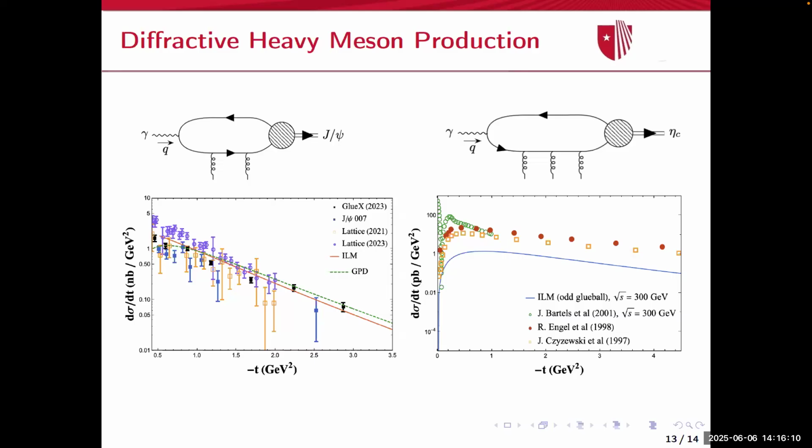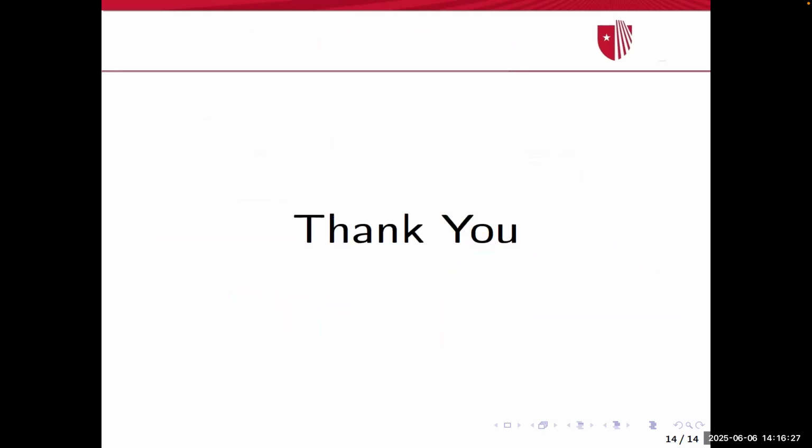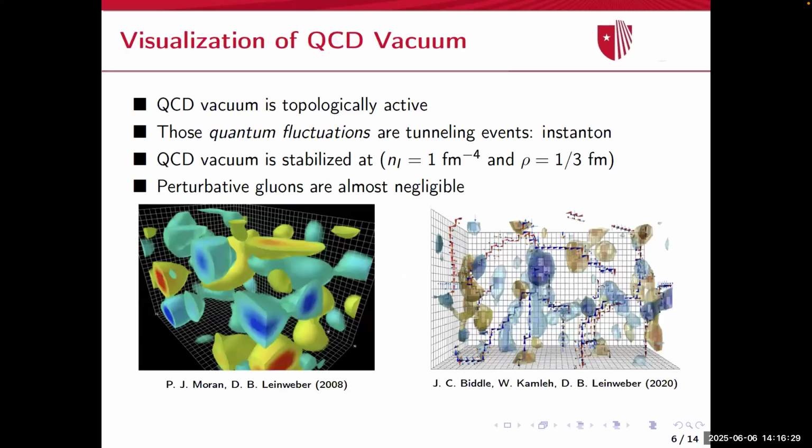Okay, so the summary of this is, we know the vacuum structure, the non-perturbative physics, has to come from the vacuum. And we know the vacuum structure is mostly dominated by this block, which we call the instantons.